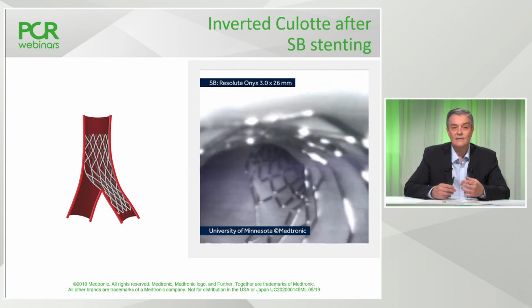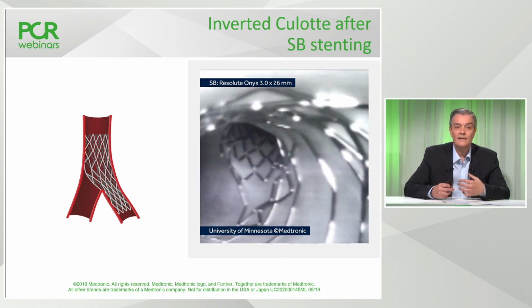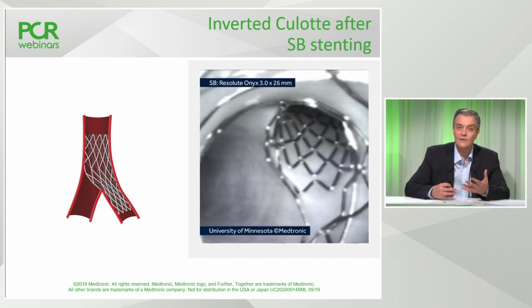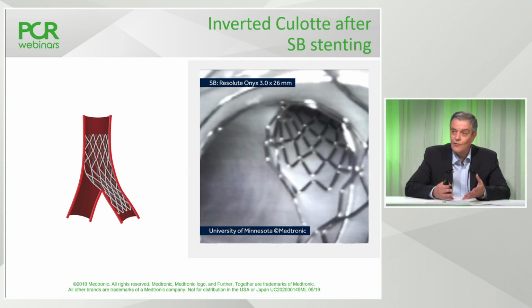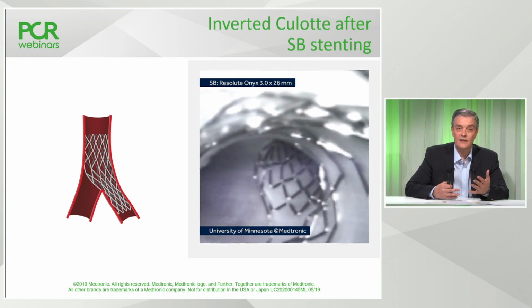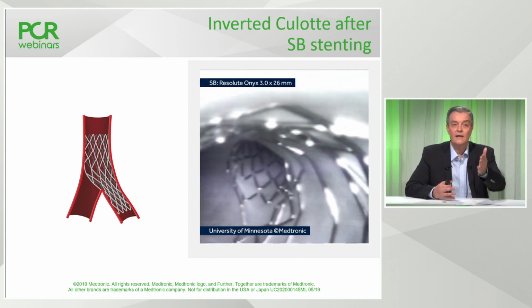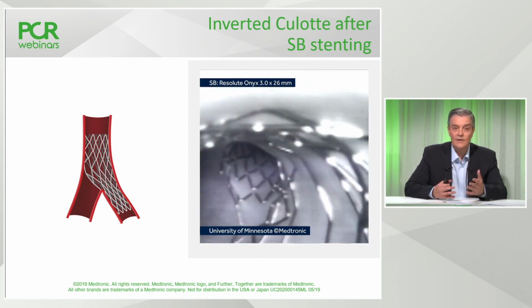So we tested multiple bifurcation stenting techniques, and we really detected so many errors that we are performing after looking from inside. And actually this is the initial part of the inverted culotte, stenting from the LAD to the right, which is the diagonal branch here.